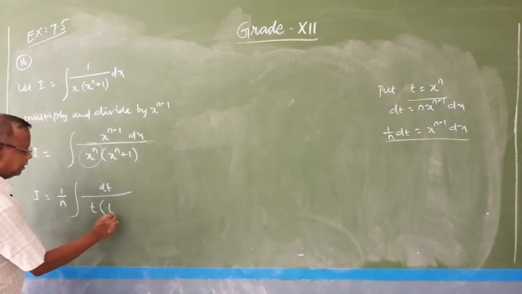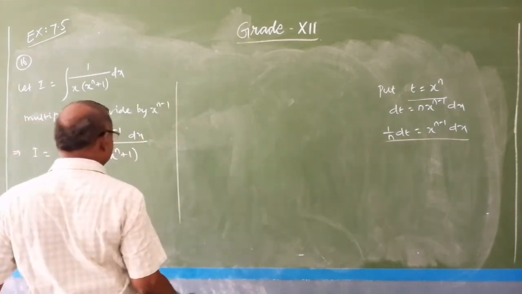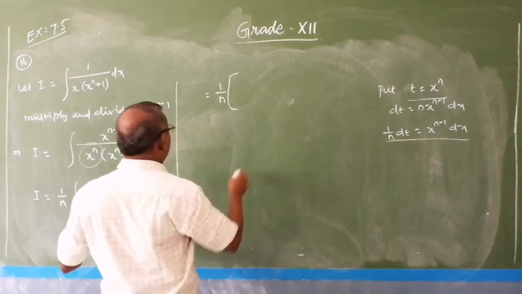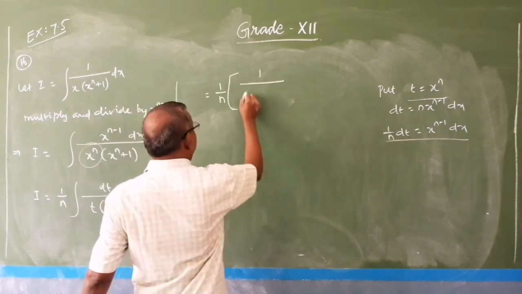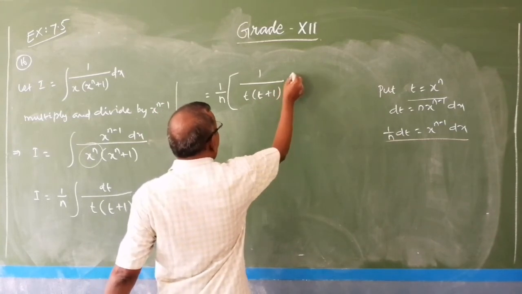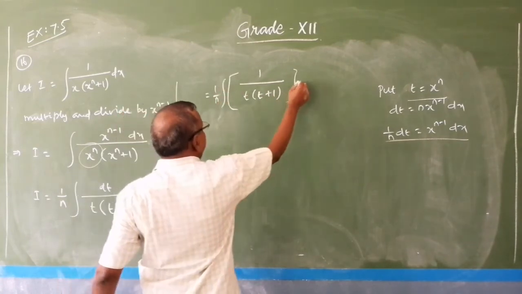meaning t plus 1 into dt. Now, this is equal to 1 by n integral of 1 by t into t plus 1 into dt.